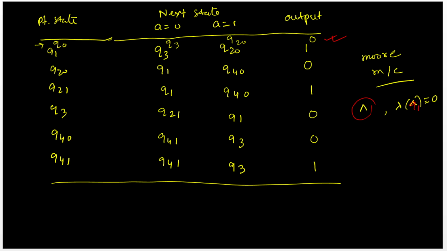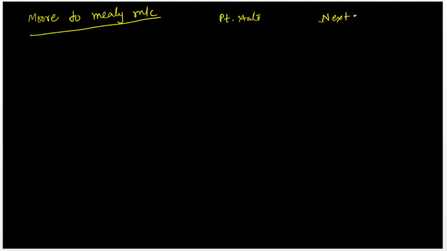Now we convert Moore machine to Mealy machine. Suppose the Moore machine given is like that. Present state, next state, a equal to 0 and a equal to 1, and here the output.